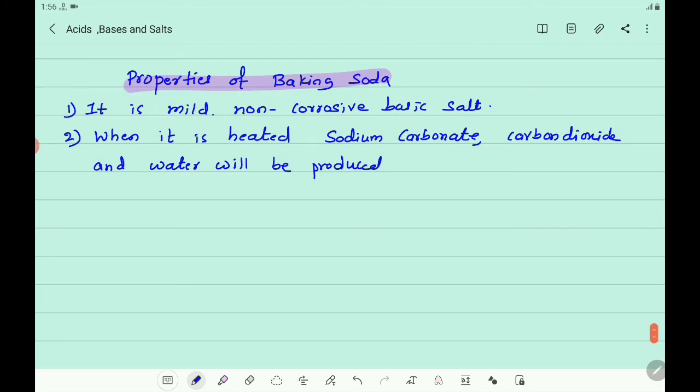When it is heated during cooking also, sodium carbonate, carbon dioxide, water will be produced.